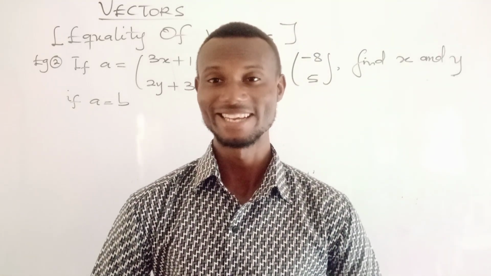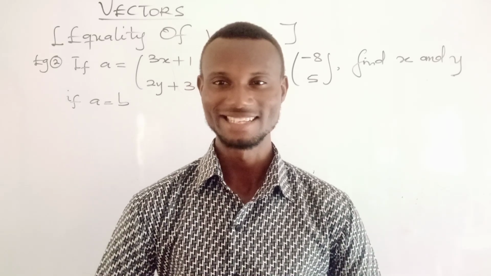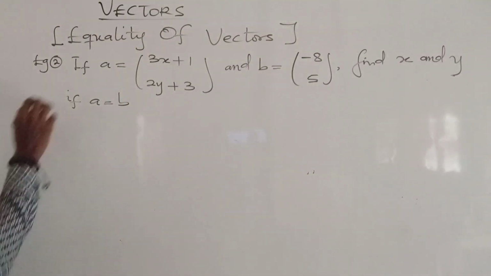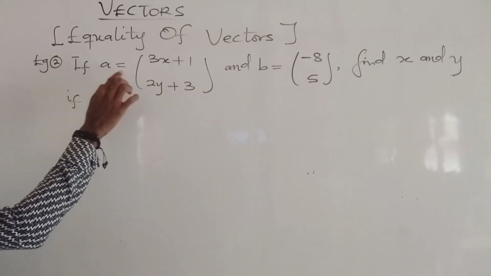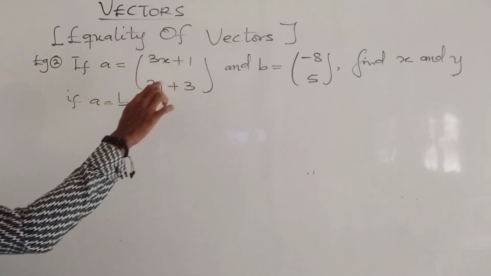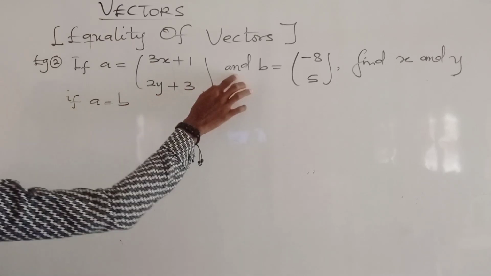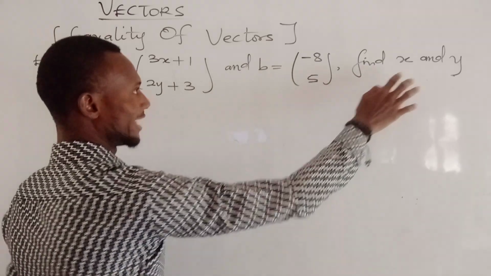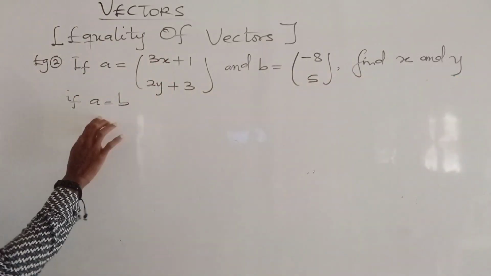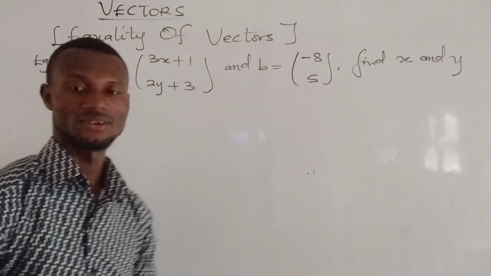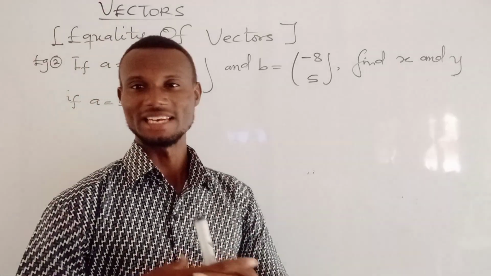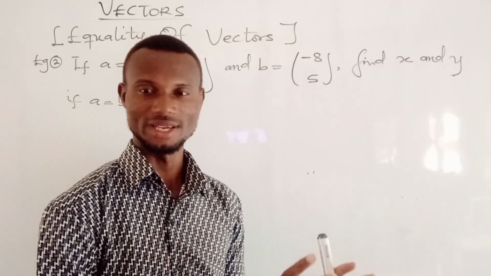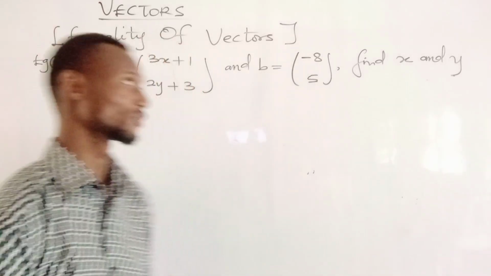Let's go ahead and take a look at example 2 that I have on the board. Let's read the question together. It says that if vector A equals 3x plus 1, 2y plus 3, and vector B equals minus 8, 5, find x and y if A equals B. We are being asked to find the values of x and y if A equals B. Let me read it one more time before we proceed and solve together.